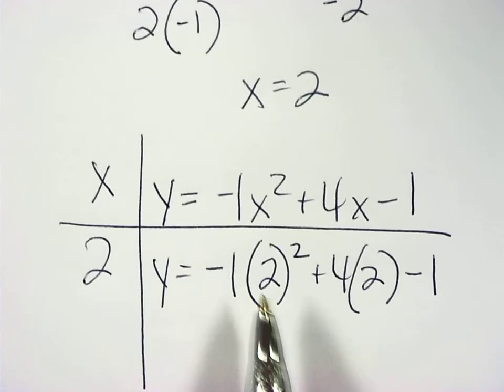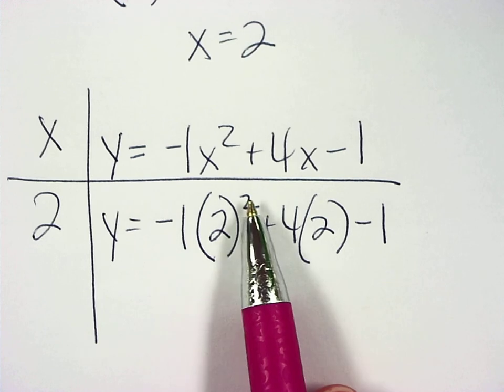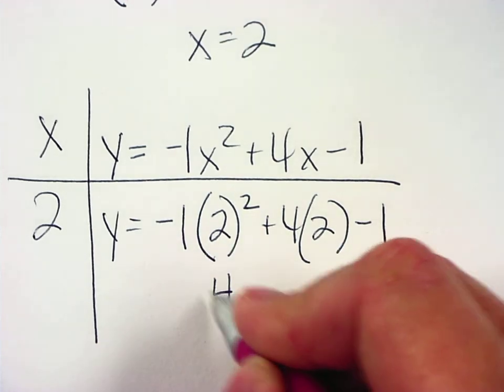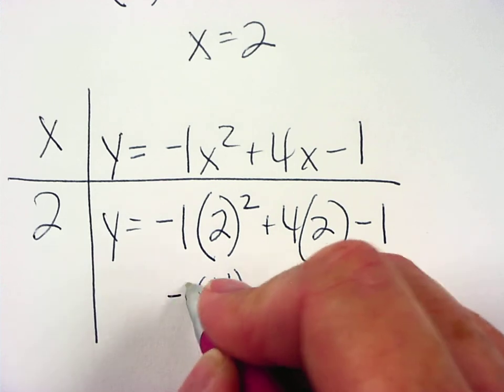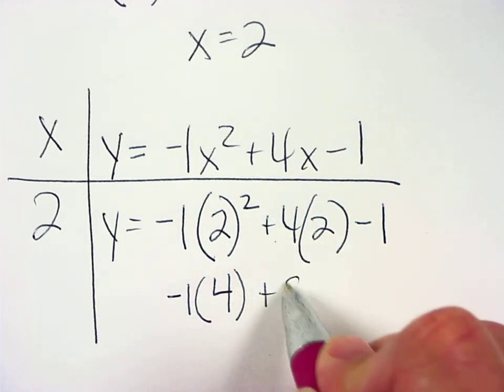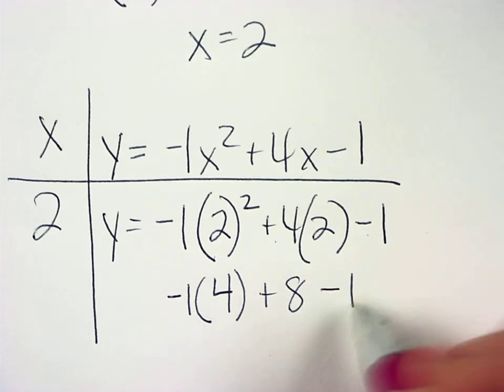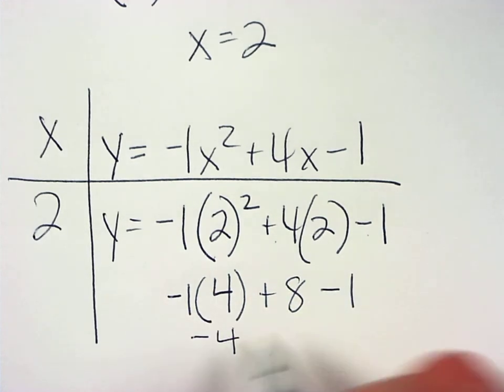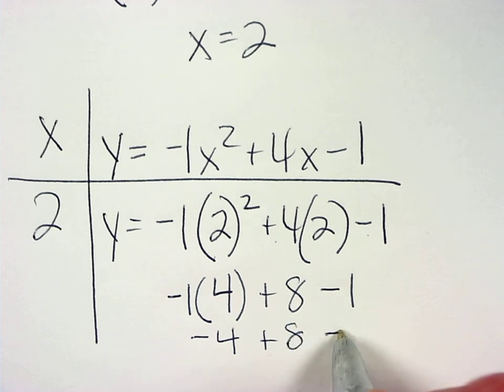I have to do my exponents first. 2 squared is 4. Now I can multiply that times -1. 4 times 2 is 8 minus 1. -1 times 4 is -4 plus 8 minus 1.